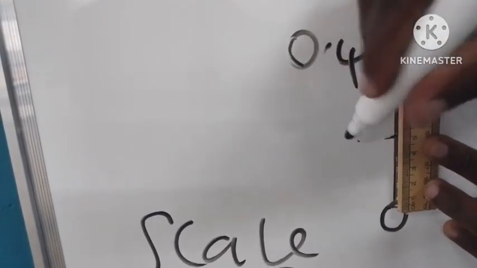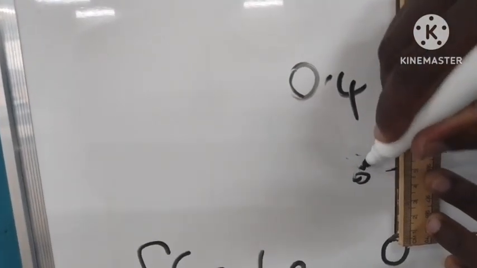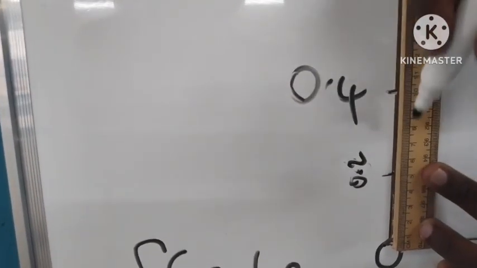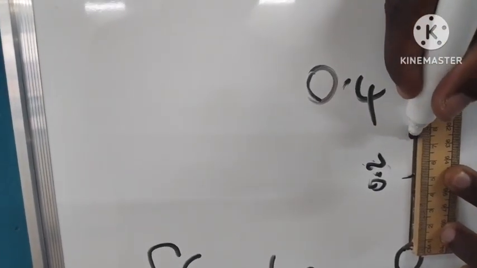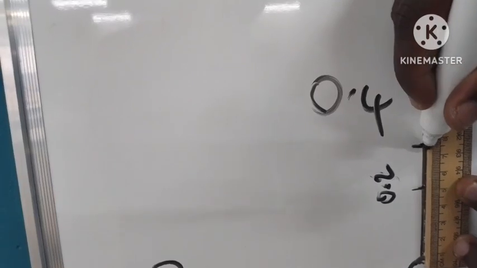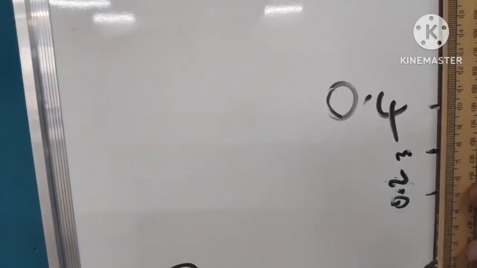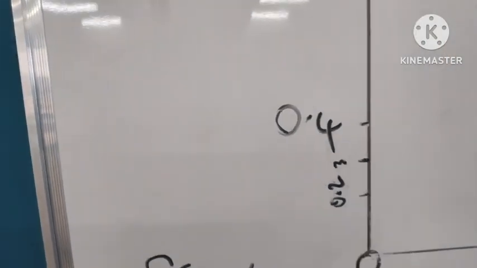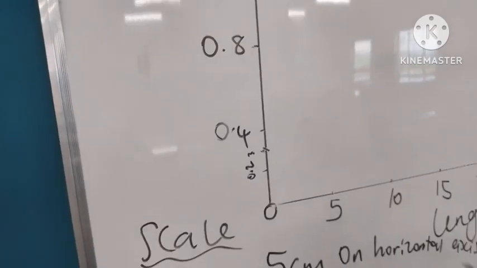Here is 0.2, this one is 0.2, that's at the middle. And between this one and this one will be 0.3, so my 3 is here, and my 5 is here.